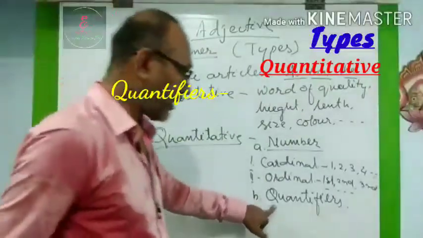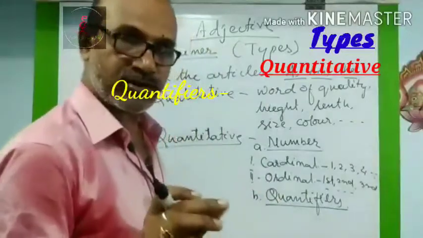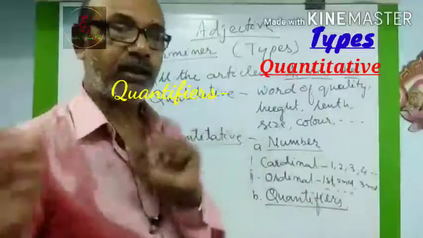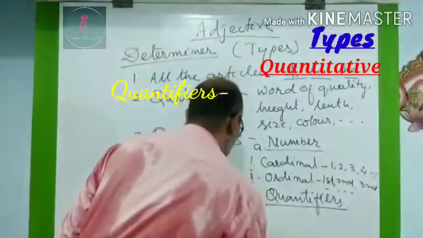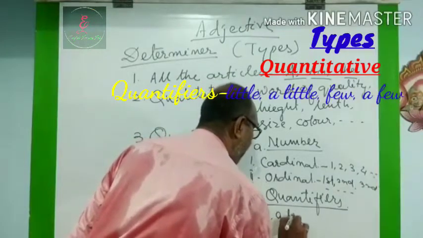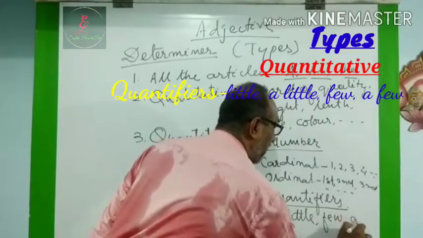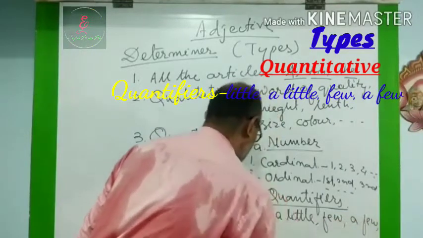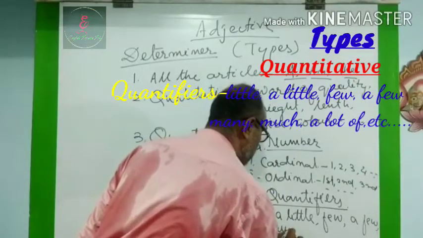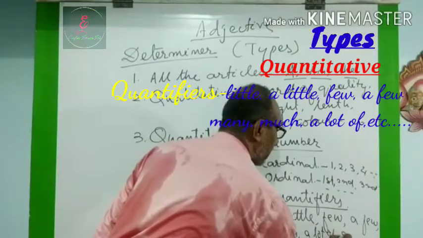Under quantifiers come words that denote the quantity of any noun, like little, a little, few, a few, many, much, a lot of, a bunch of.